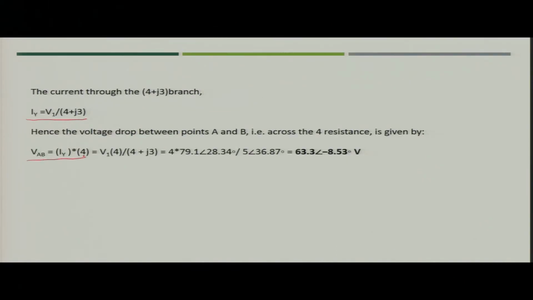So, what will be VAB? Iy into 4, that is the resistance. So, you will simply put the value of Iy, that is V1 upon 4 plus J3.